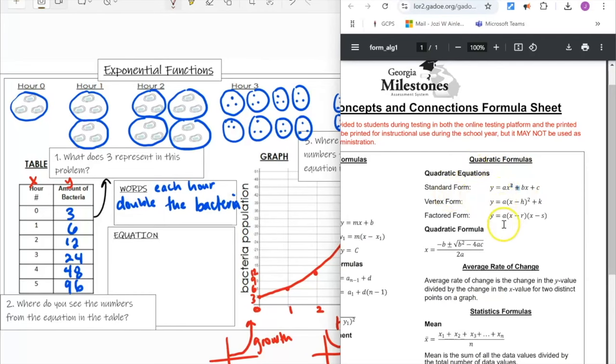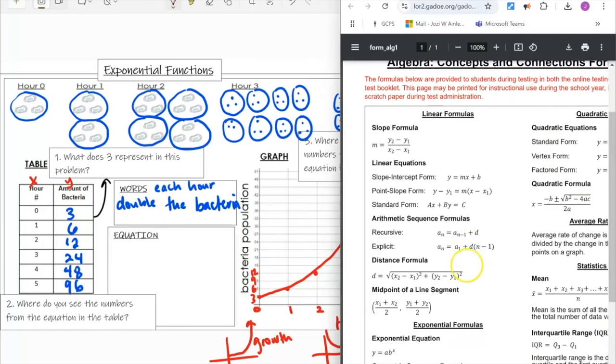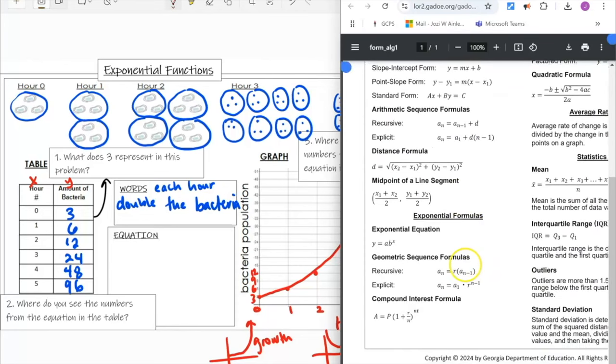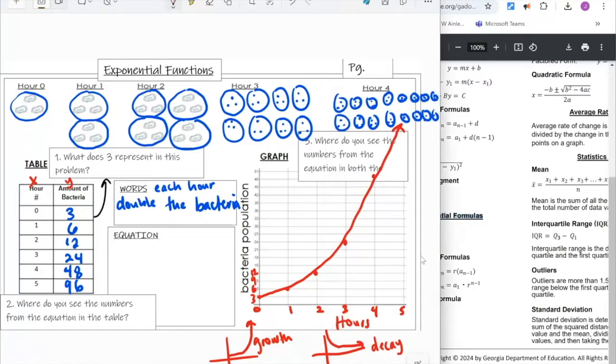We've also looked at vertex and factored. Now we're on exponential functions, so I'm looking for something with exponential functions, and right here it says exponential formulas. So I've got an exponential equation which says y equals a b to the x. I'm going to write that down so I can explain to you what that means. So y equals a parentheses b and then x, and we're going to go through what that is.